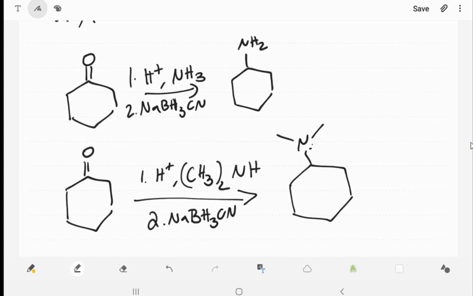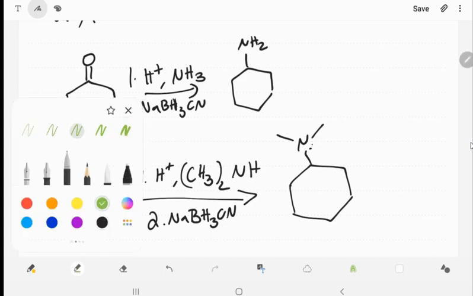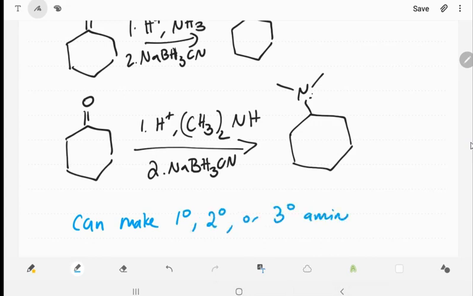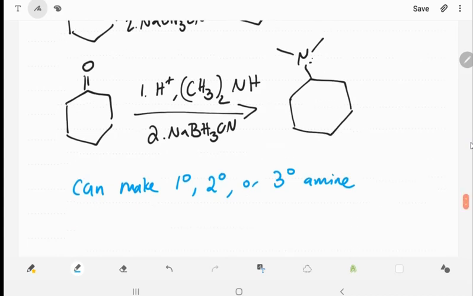All right, so good stuff. You can make primary, secondary, tertiary amines all this way from your aldehyde or ketone.